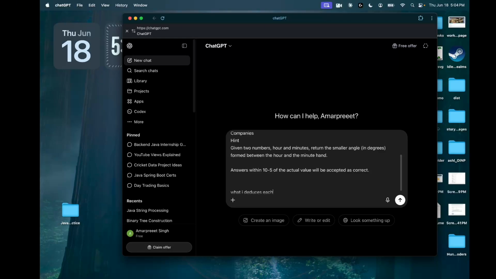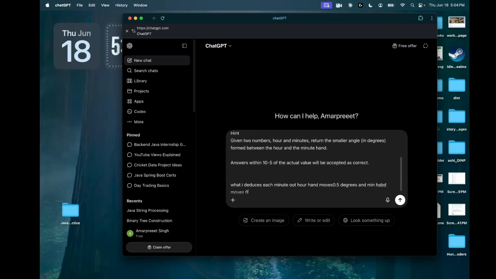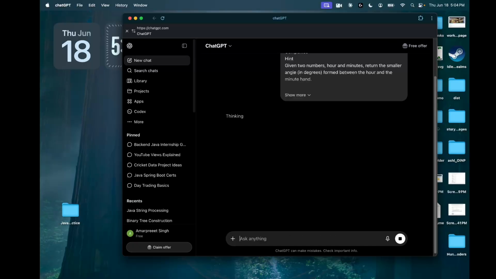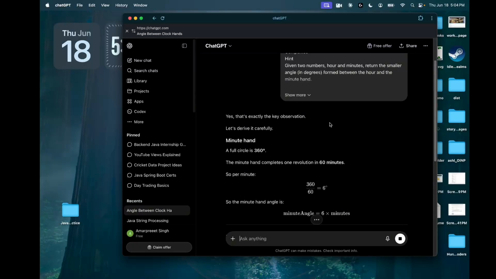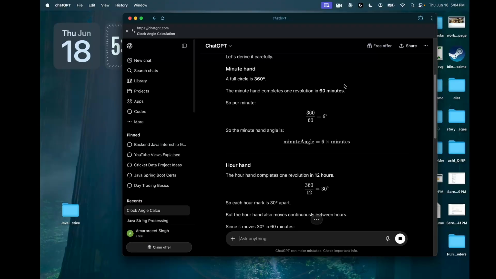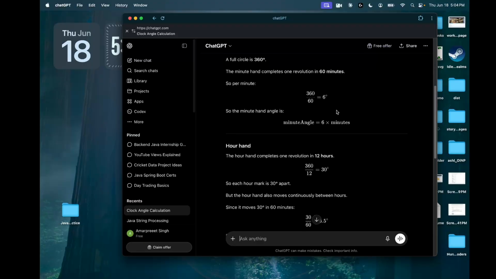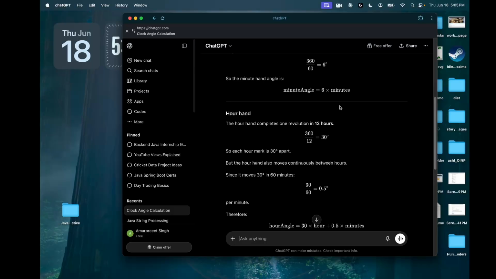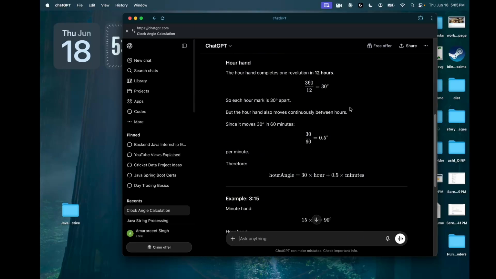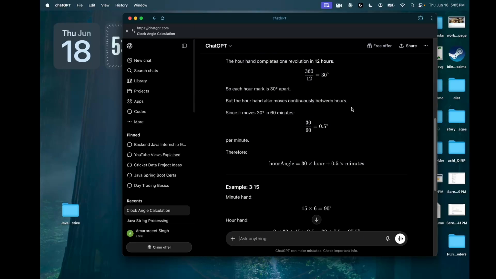Each minute, the hour hand moves 0.5 degrees, and the minute hand moves 6 degrees per minute. But the hour hand moves continuously between hours, since it moves 30 degrees per 60 minutes.